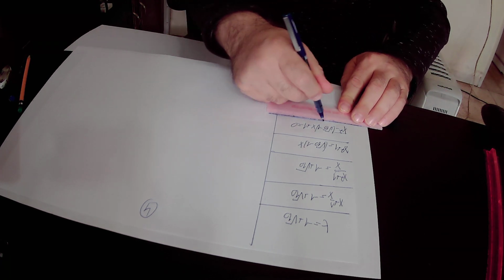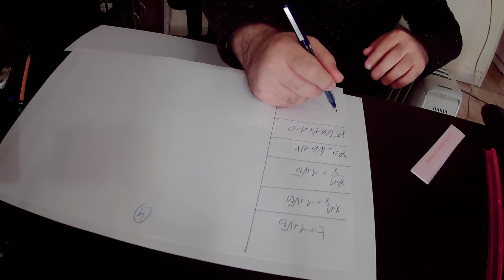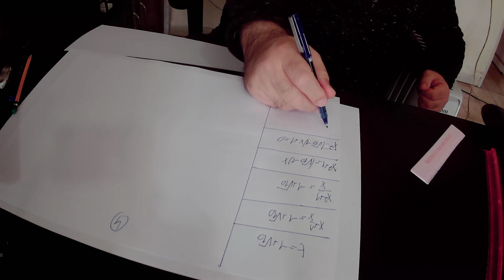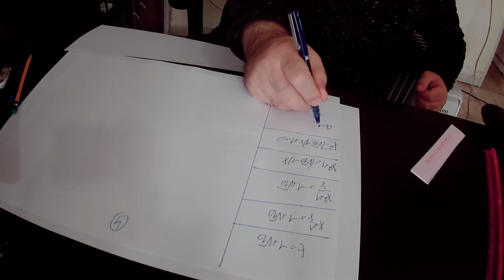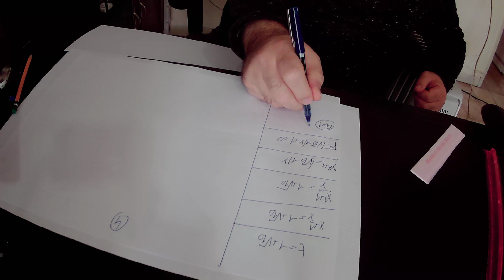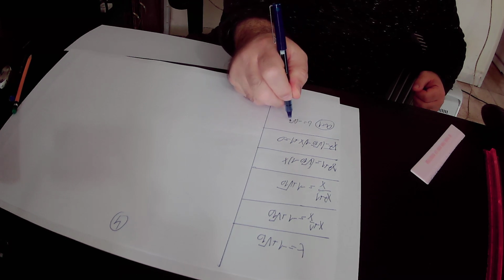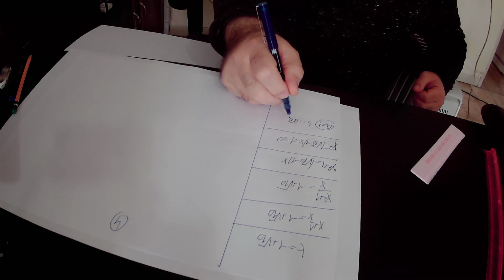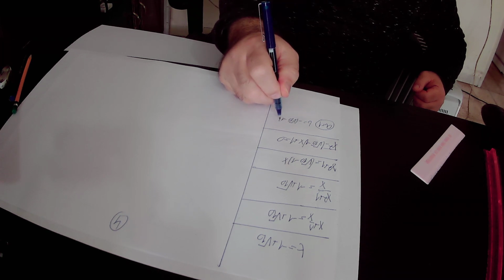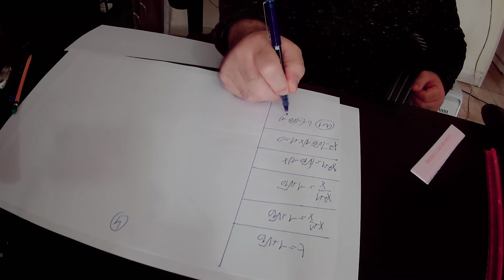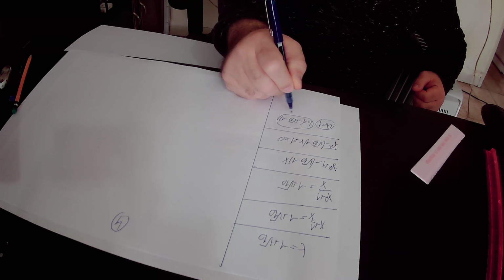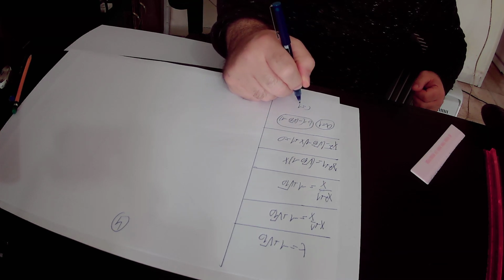The coefficients of this quadratic equation are as follows: a equals 1, b equals minus square root of 10 minus 1, and c equals 1.